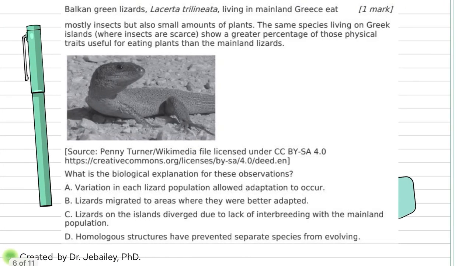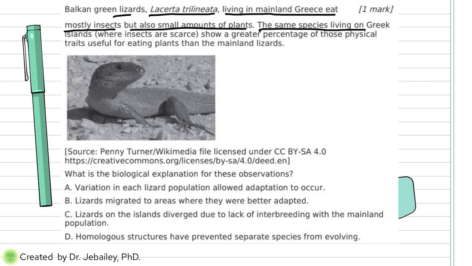Now, moving on. We have here about green lizards, Lacerta trilineata, living in mainland Greece, and it eats mostly insects, but also small amounts of plants. So it eats insects and plants. The same species living on a Greek island where insects are scarce, which means it doesn't have many, show a greater percentage of those physical traits useful for eating plants than the mainland lizards.